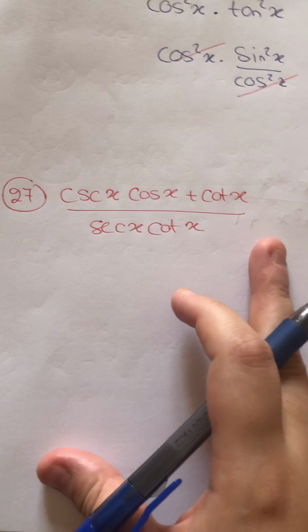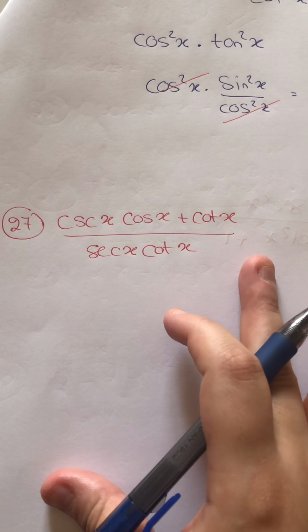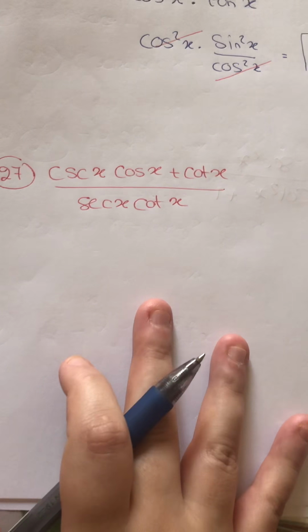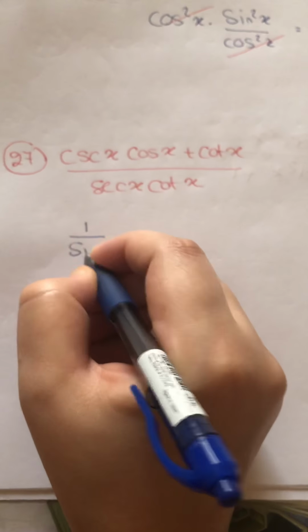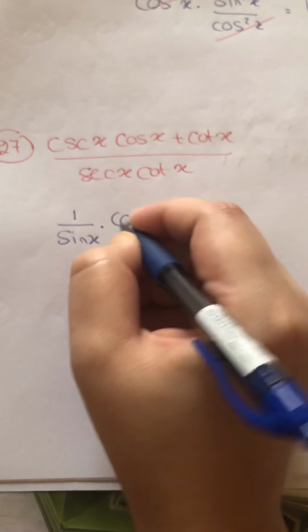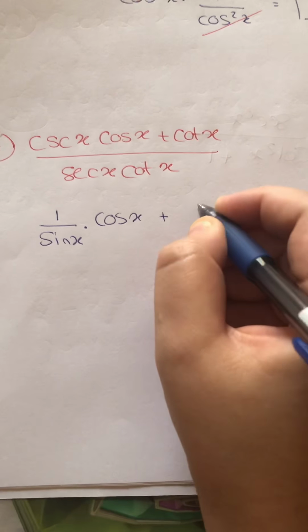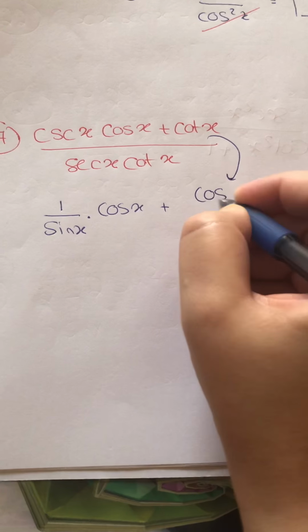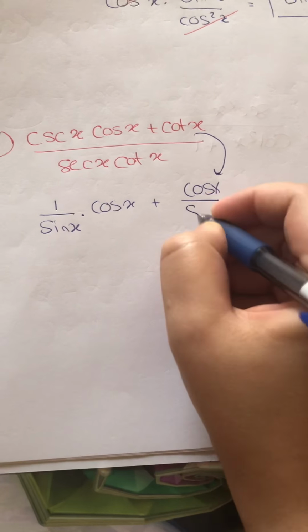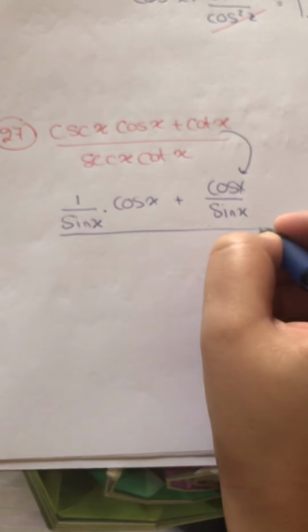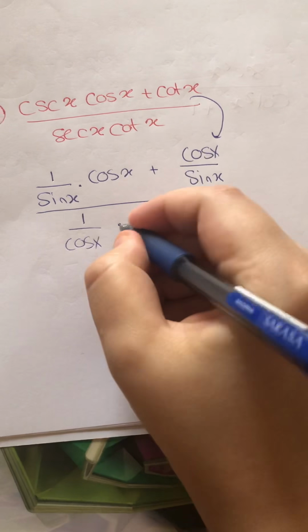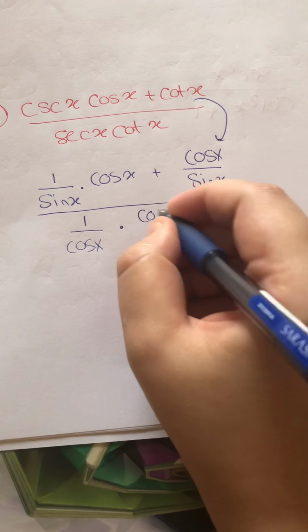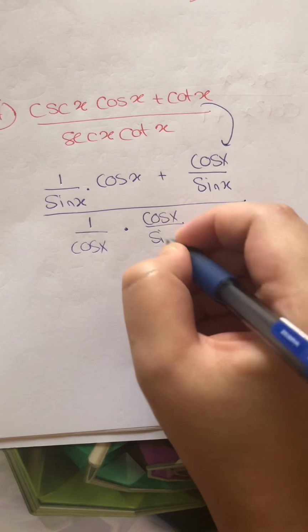Okay? So for this question, I could not do anything except to change them to sine and cosine again. So 1 over cosec is 1 over sine x times cosine x, plus cotan is cosine x over sine x, all over sec x is 1 over cosine x, times cotan x, which is cosine x over sine x.